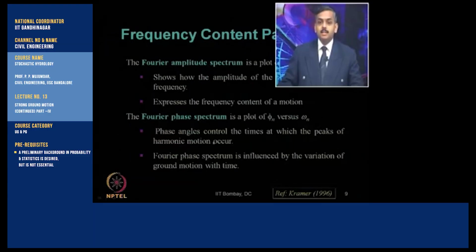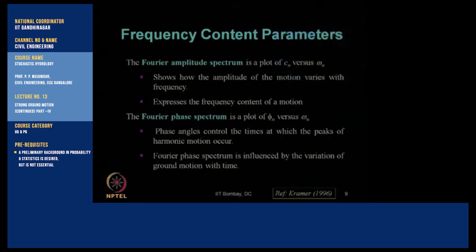So, phase angles control the times at which the peaks of the harmonic motion occur, because from this plot of phase angle you know at what interval of phases the peak of the earthquake motion is going to occur at a particular location.